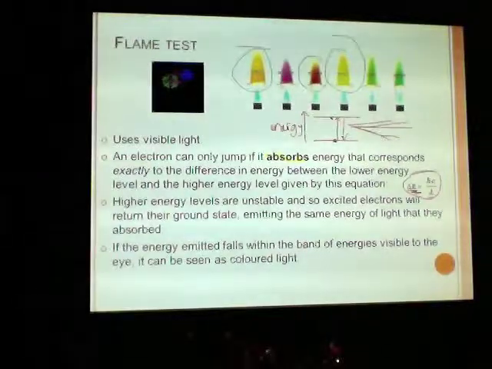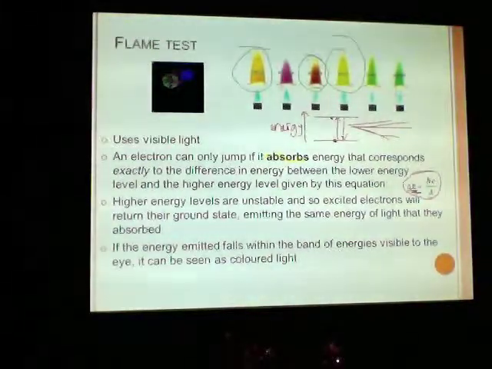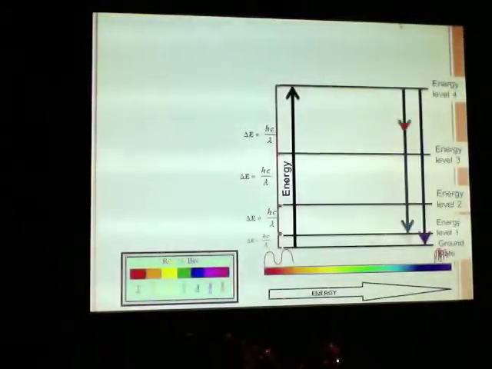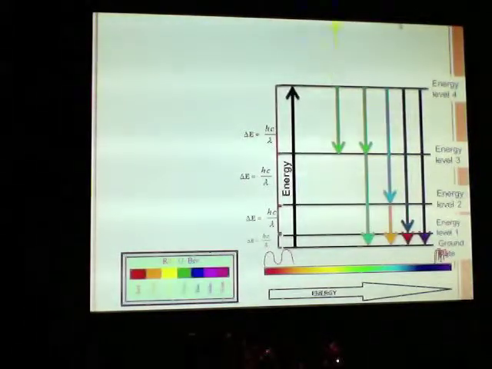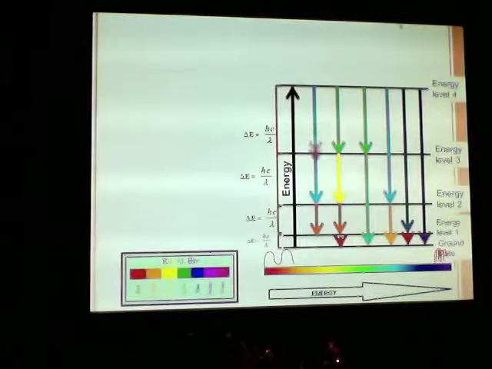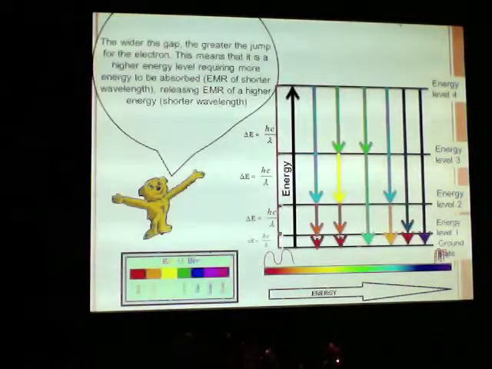Calcium's not pictured here, but strontium is dark red and so is calcium. It's sometimes difficult to tell those two apart. Okay, so it's rare that we'll have such a unique colour, like copper produces a very unique green.